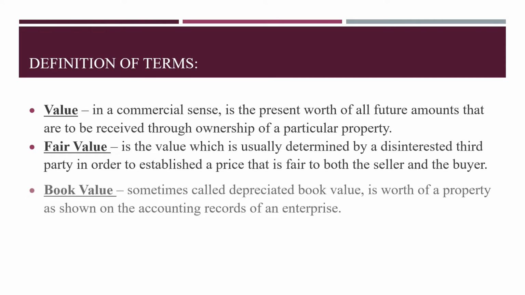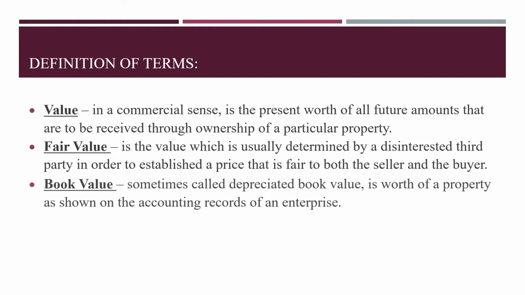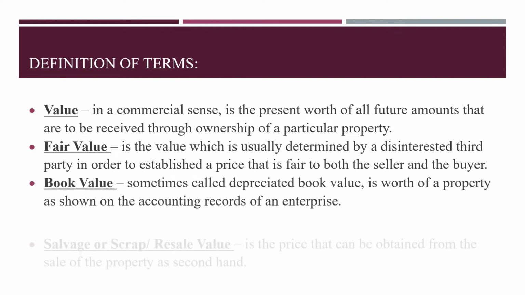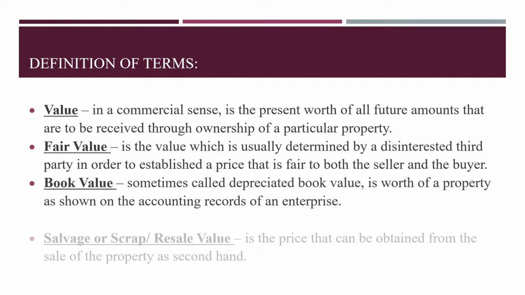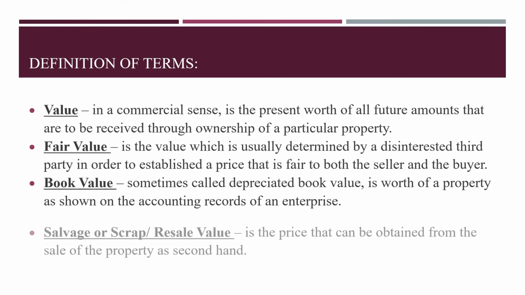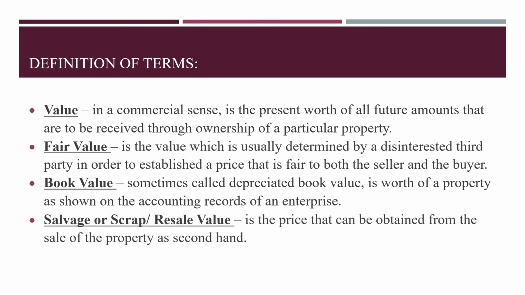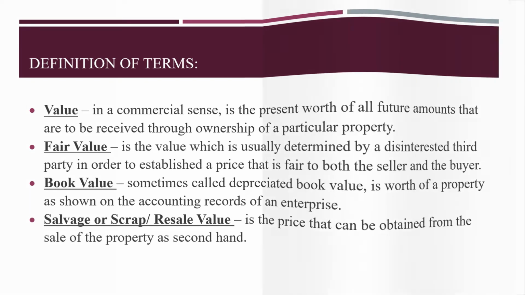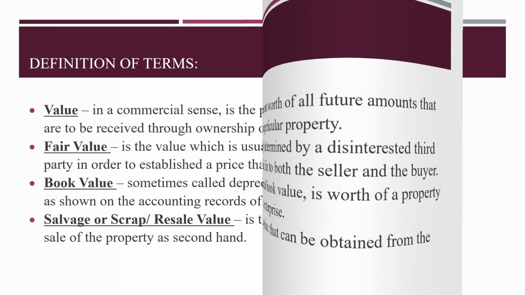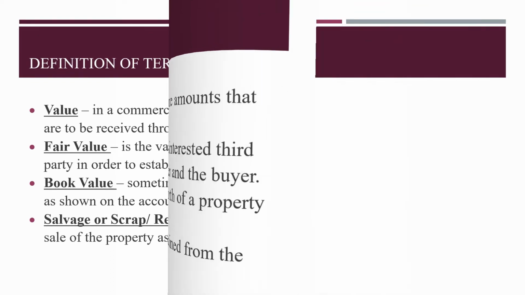While book value, sometimes called depreciated book value, is the worth of a property as shown on the accounting records of an enterprise. And last but not the least, salvage or scrap or resale value. It is the price that can be obtained from the sale of the property as second hand.